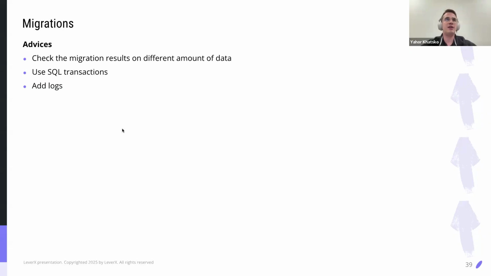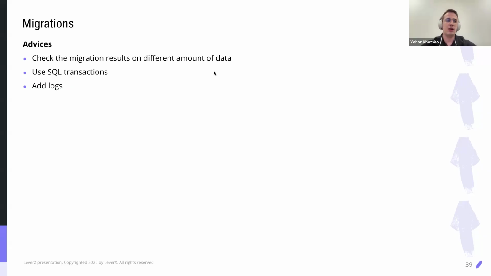The advice here is to check the migration results on different amounts of data. We discussed the benefits of migrations, but we also would like to provide you with some suggestions. Migrations could vary depending on the case, and you should not limit yourself to local data.